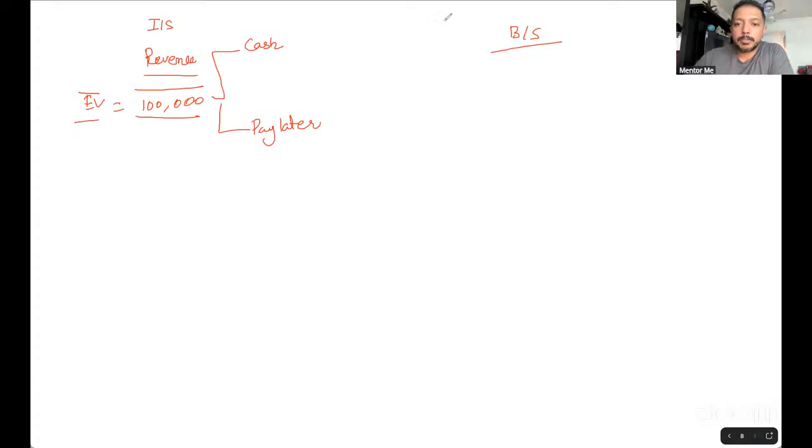So in my balance sheet, again, I've got asset, liability, and equity. So if cash comes directly, 100,000, then simple. 100,000, my asset goes up by 100,000.